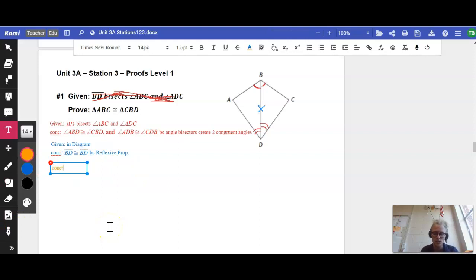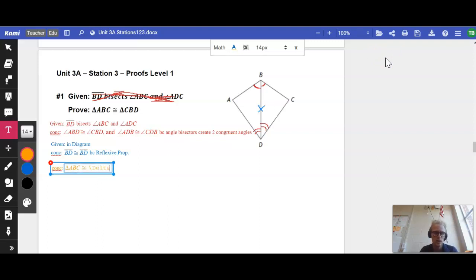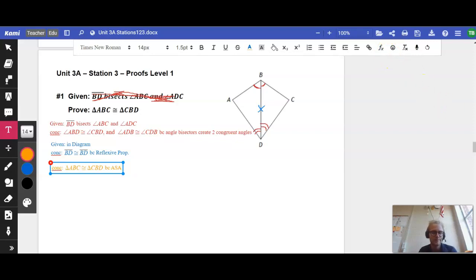So, conclusion. Triangle ABC is congruent to triangle CBD because of, that would be angle side angle. There you go. Those two triangles are congruent.